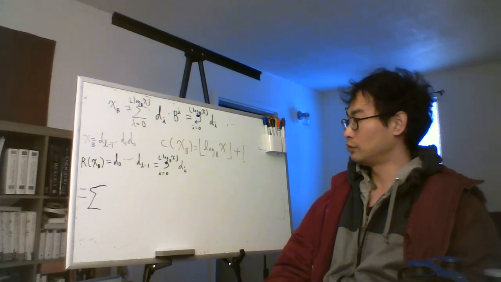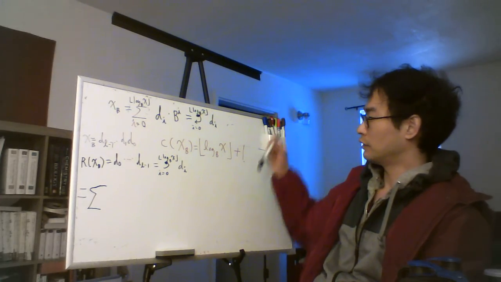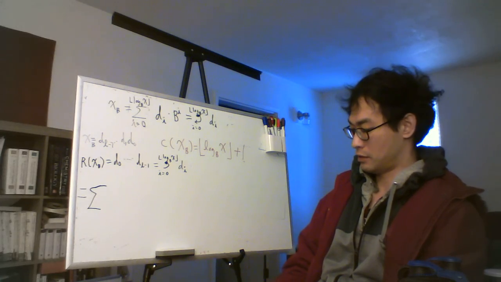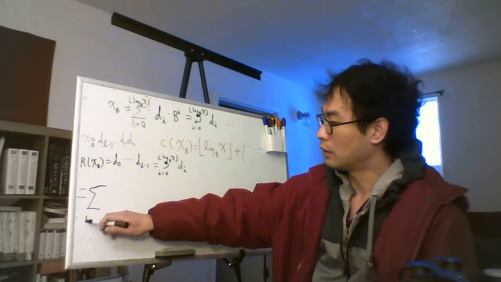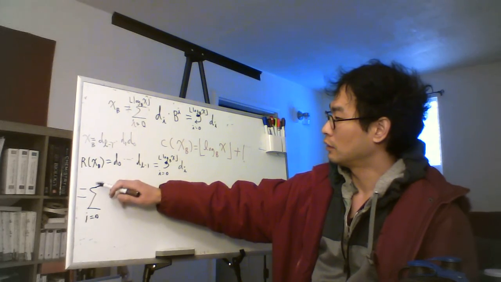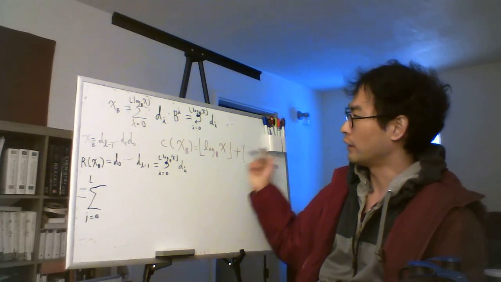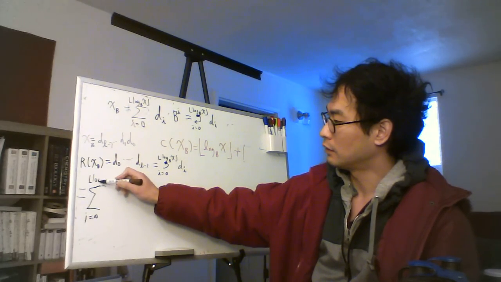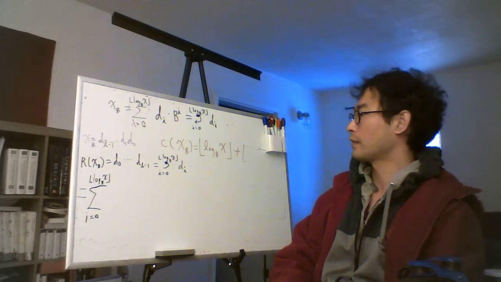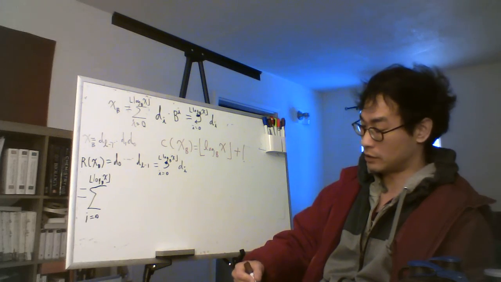Okay, let's do this together. I think I gave you enough time. So i goes from 0 to L minus 1, so the 1 goes away. Should we change di?